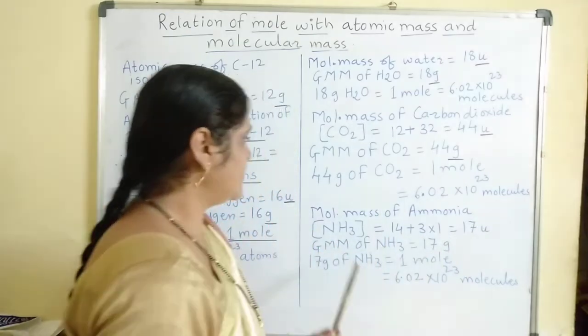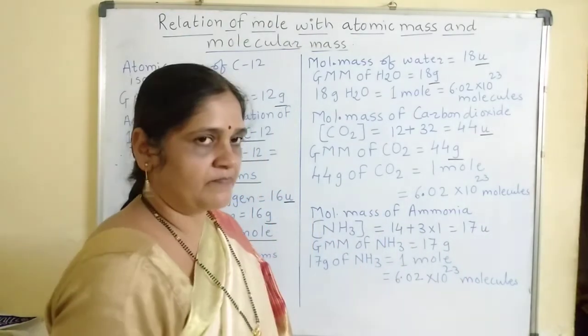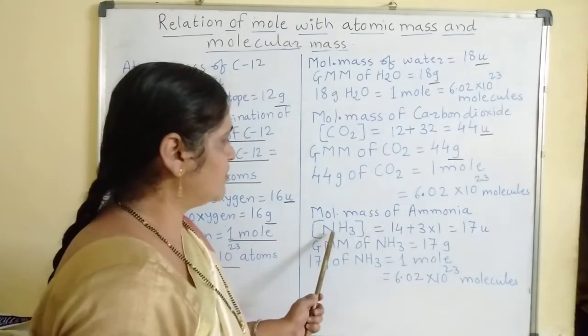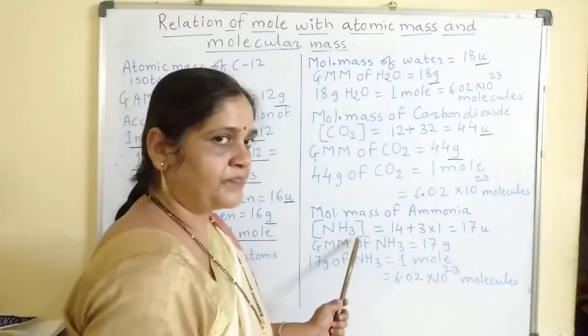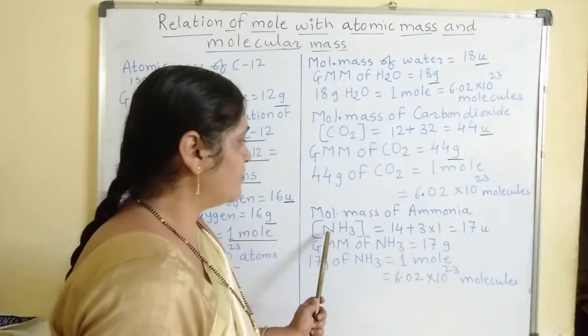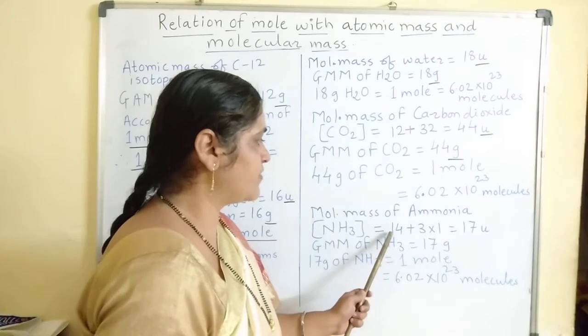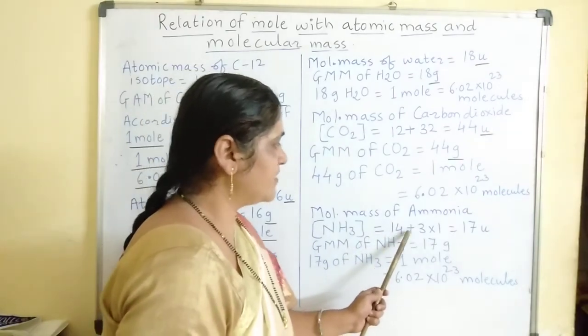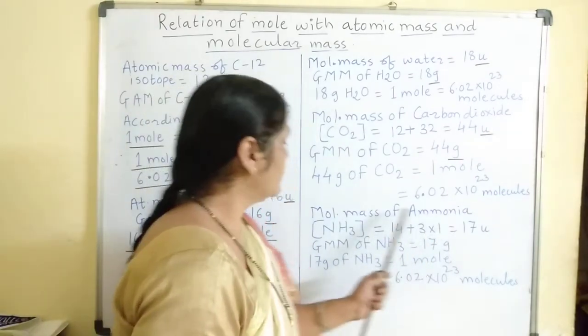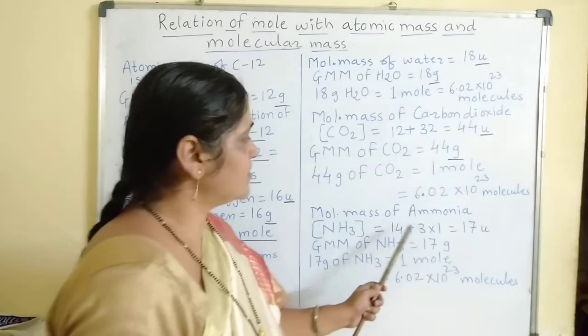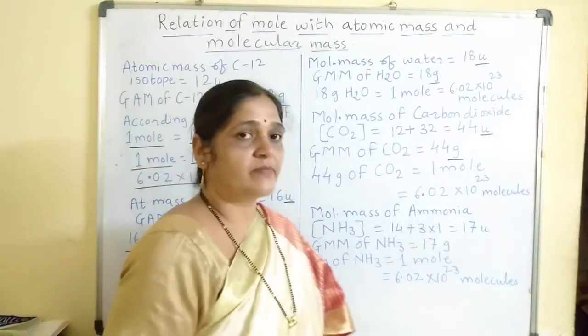Now the next example is ammonia. Ammonia has the molecular formula NH3. Its molecular mass we calculate as 14 plus 3 × 1. 14 is the atomic mass of nitrogen, and 3 × 1 is the atomic mass of hydrogen.